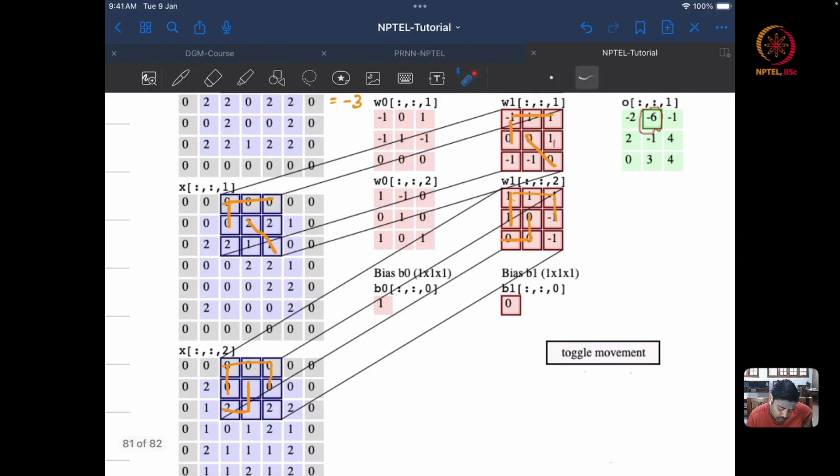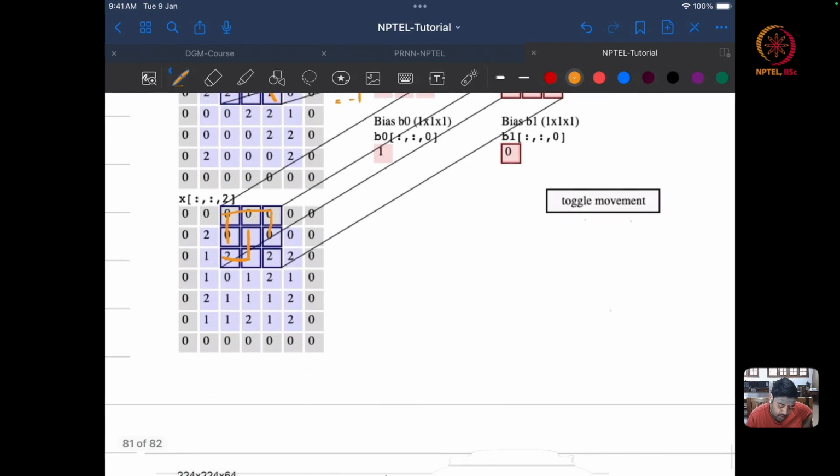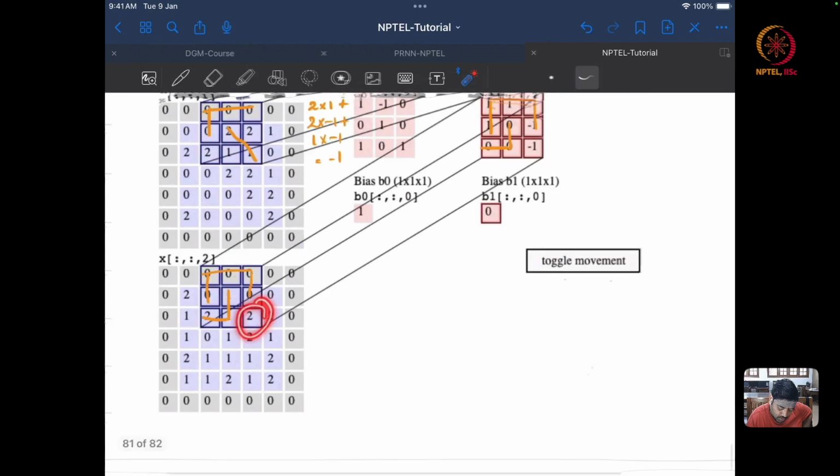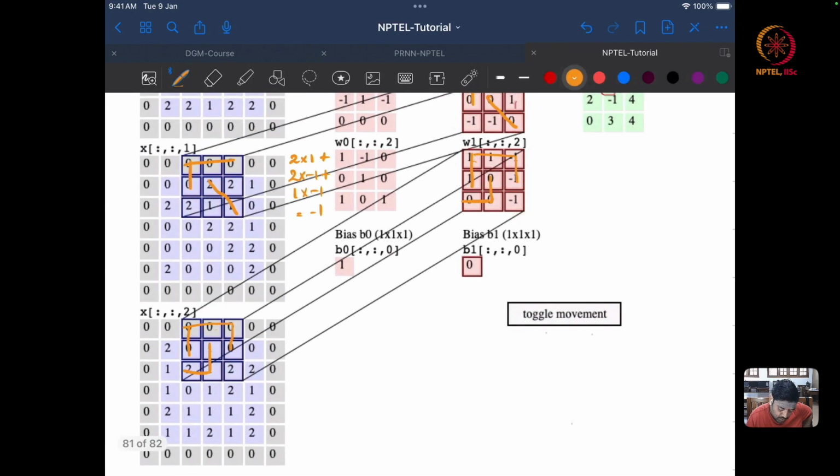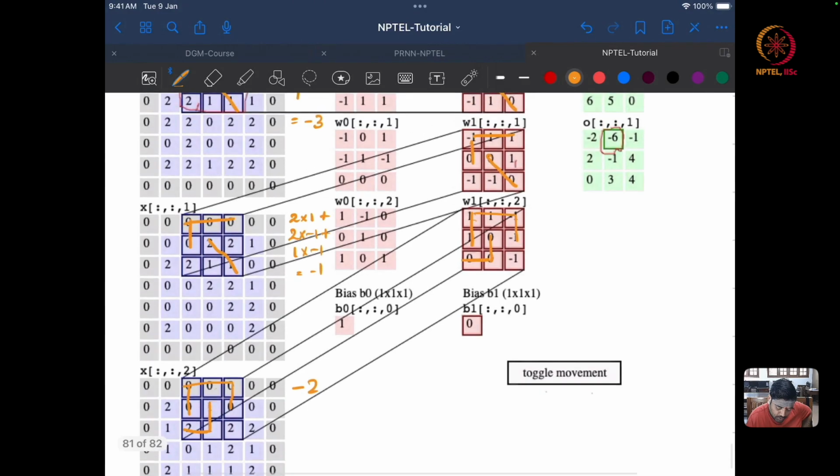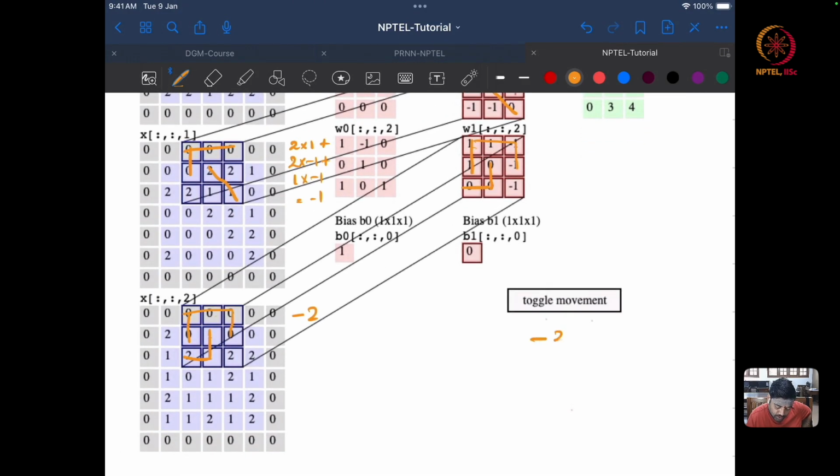Here you have 2 here, 1 here, 2 into 1, plus 2 into minus 1, plus 1 into minus 1, this is minus 1. Now coming to this, you have 2 here, minus 1 here, so this is minus 2. Therefore, the overall thing is minus 3, minus 1, minus 2.